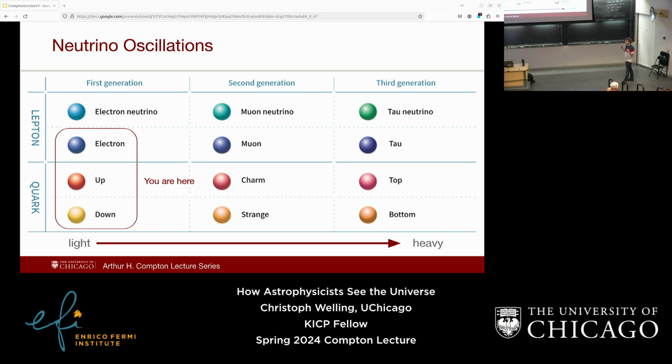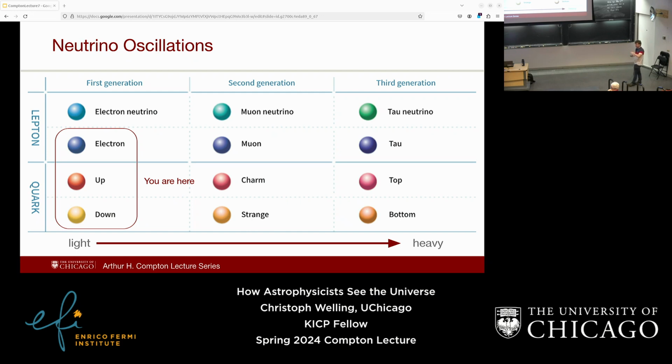But the thing is that, for example, an electron neutrino will consist of a combination of these three mass states. If you think of it in quantum mechanics, it's kind of like a superposition of different, for example, locations. So you're not looking at a pure state in any case? Yes.